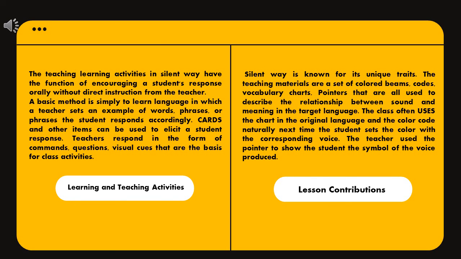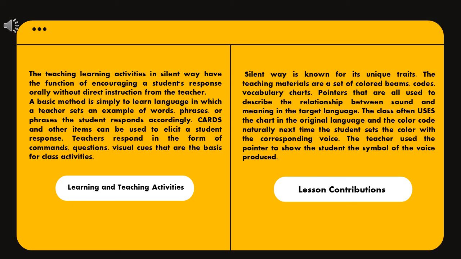Learning and teaching activities. The teaching learning activities in the Silent Way have the function of encouraging a student's response orally without direct instruction from the teacher. A basic method is simply to learn language in which a teacher sets an example of words, phrases, or sentences.